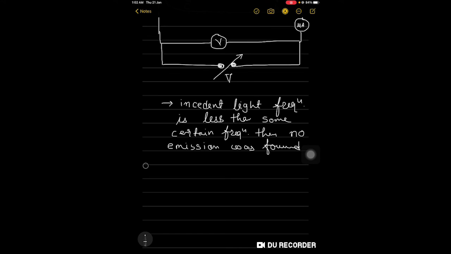So if the frequency of incident light was smaller than the certain minimum value, that minimum value of this frequency is called threshold frequency.